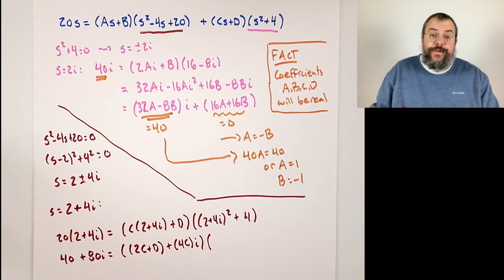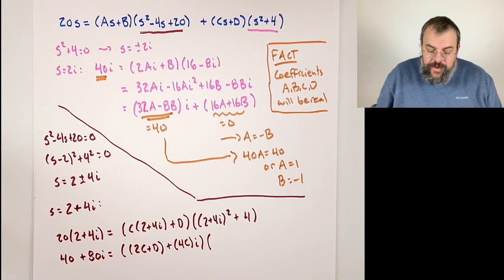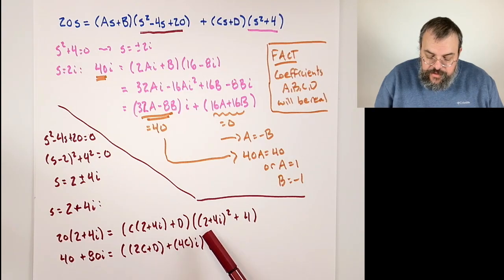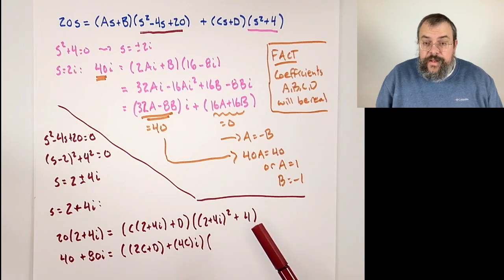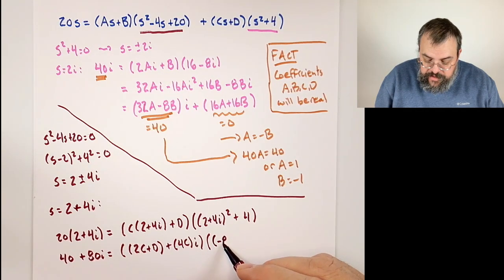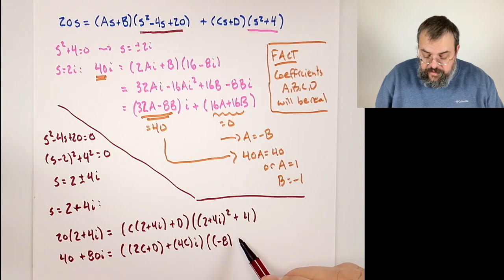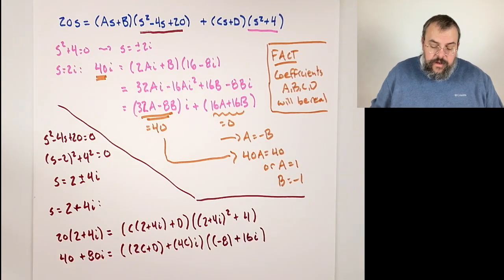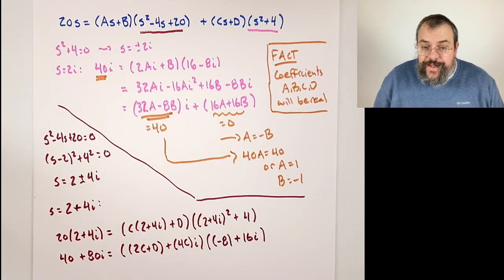So if you multiply all of that out, again, what's happening? 2 squared is 4, 4i squared minus 16, and plus 4, all combined gives you minus 8. And then you'll have 8i twice, so plus 16i. All right. Whew. Wow. Okay. There's a lot to do here.